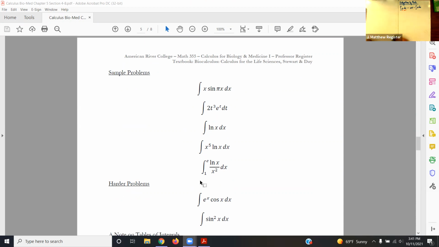And so let's try and combine those first 2, and we will do the integral of, I want to do x squared sine of pi x dx.